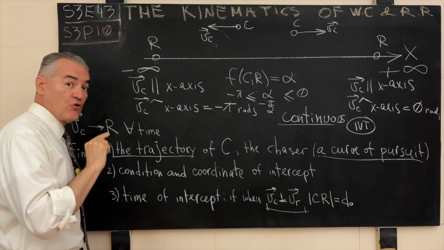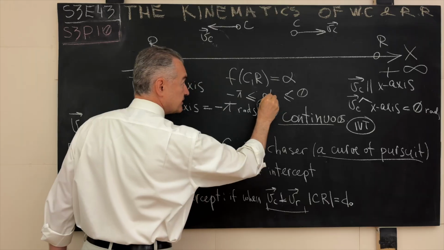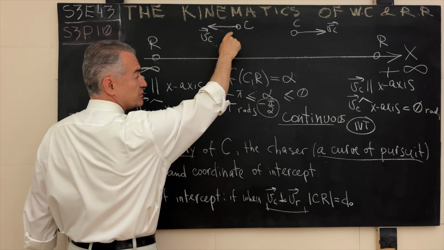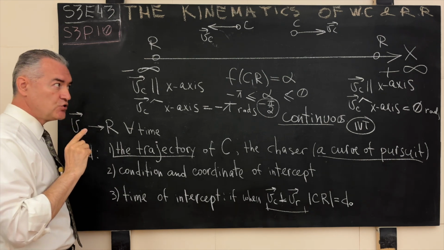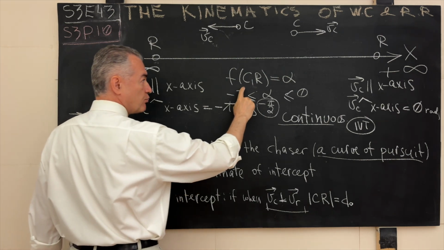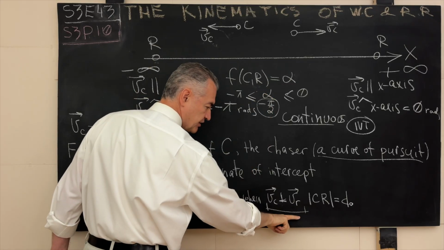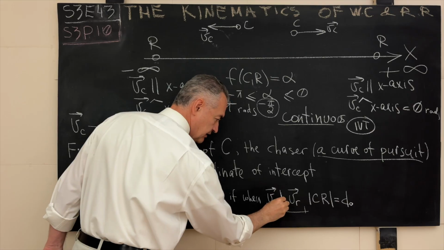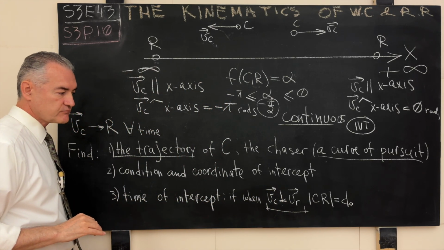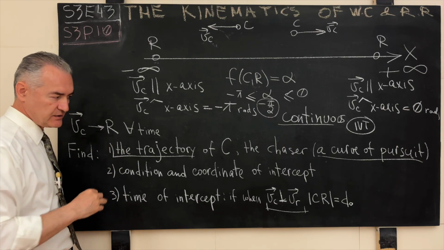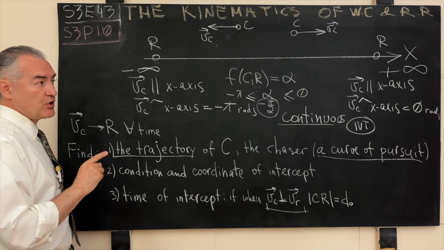That means that for that particular angle between the velocity vector of the chaser and the x-axis, there exists a mutual juxtaposition of the points C and R such that the angle between these two vectors is 90 plus minus 90 degrees, depending on how you keep track of your angles in which direction, but fundamentally these two vectors will be orthogonal.